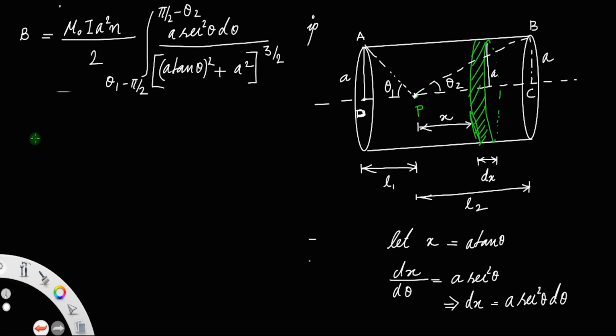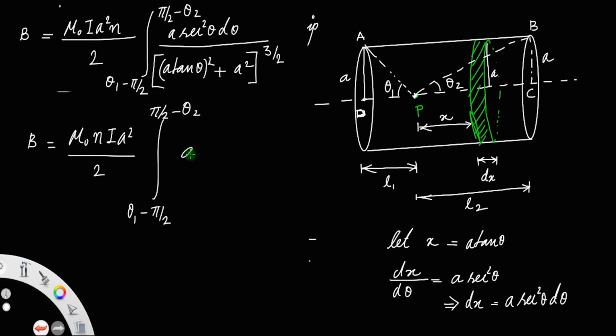Therefore, B is equal to mu 0 n I a square divided by 2 integral from theta 1 minus pi by 2 to the upper limit pi by 2 minus theta 2 of a sec square theta d theta divided by (a square tan square theta plus a square) whole raised to 3 by 2.